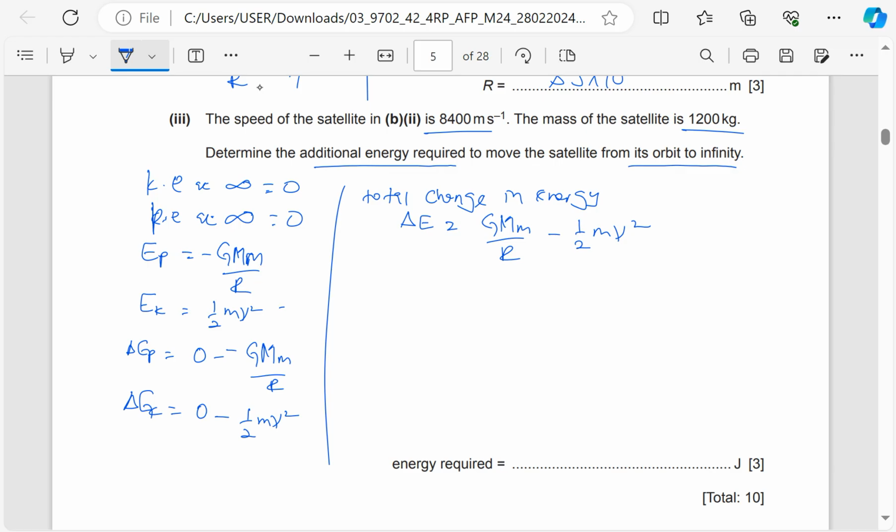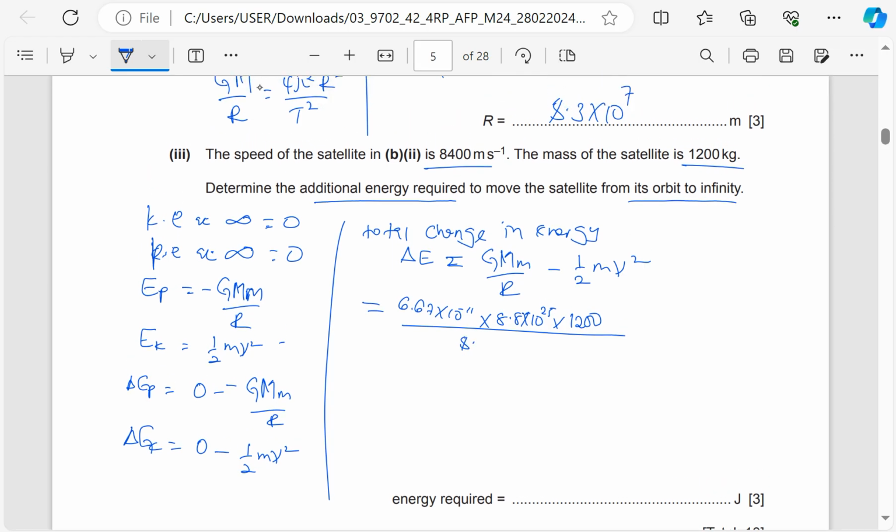So I'll just substitute in this expression here. This is going to be total change in energy, which is going to be required to reach infinity. So this is going to be equal to G, which is 6.67 times 10 to the power of minus 11, then M, which was 8.8 times 10 to the power of 25, small m, which was 1,200, divided by R, which was, I think, 8.3 times 10 to the power of 7.